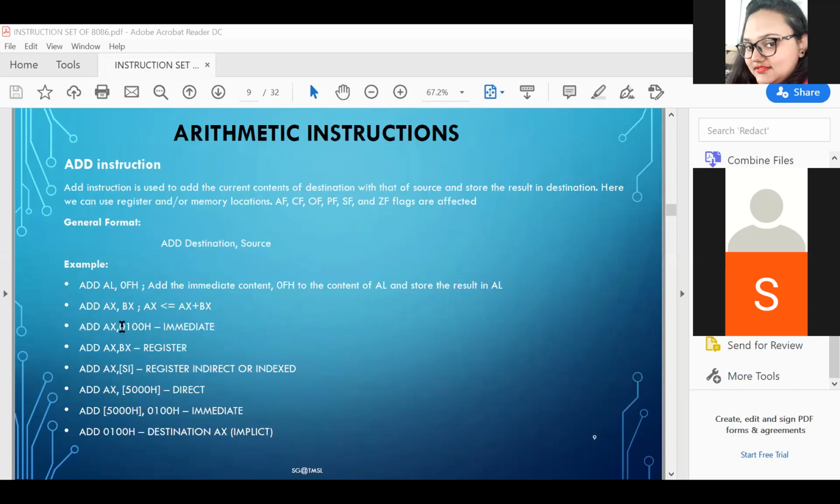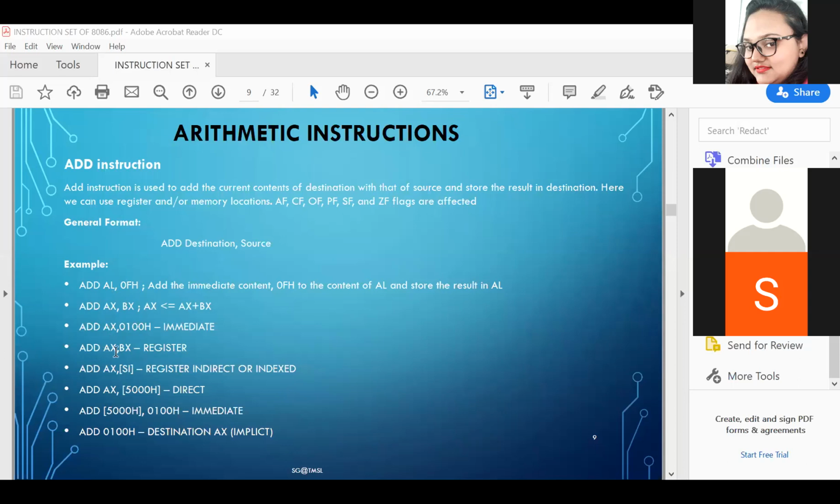ADD AX comma 0100, which is a direct 16-bit value, where 0F was 8-bit content and 0100 is 16-bit content. For 8-bit addition, you need an 8-bit register, either AH or AL, and for 16-bit content, use a 16-bit register, either AX or BX, any register. So ADD AX comma 0100 means addition of 0100 with the content of AX, and the result must be stored inside AX.